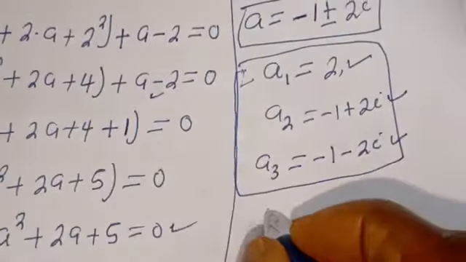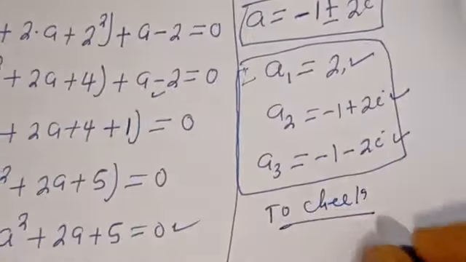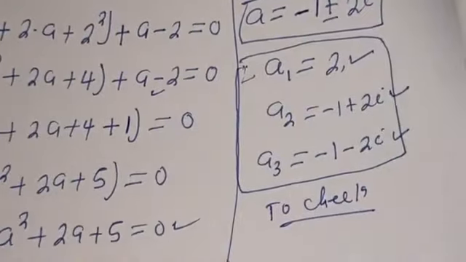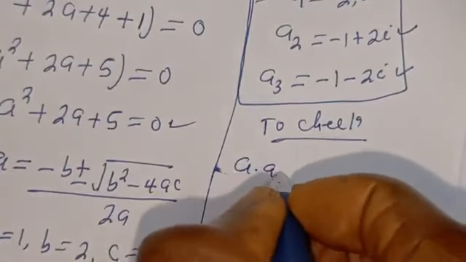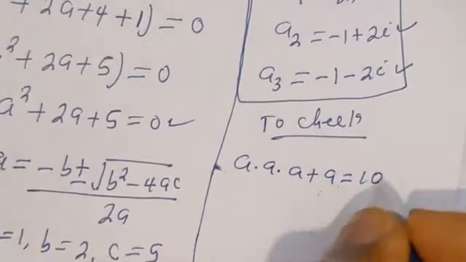To check, when a is equal to 2, which is the only real root, then we have a multiplied by a multiplied by a plus a is equal to 10.